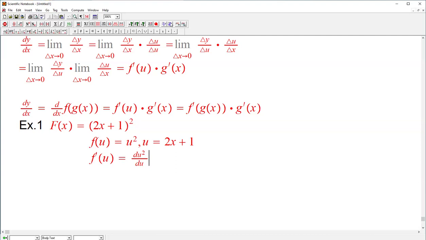And then multiply the derivative du dx, which is in here.